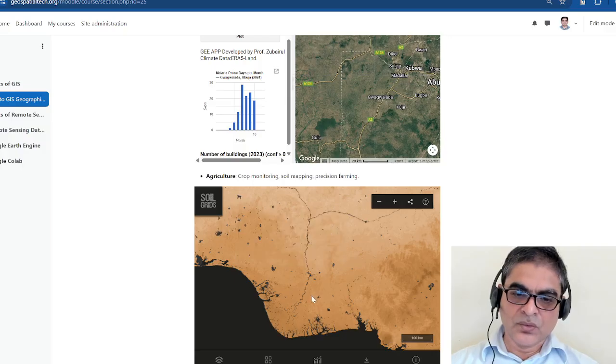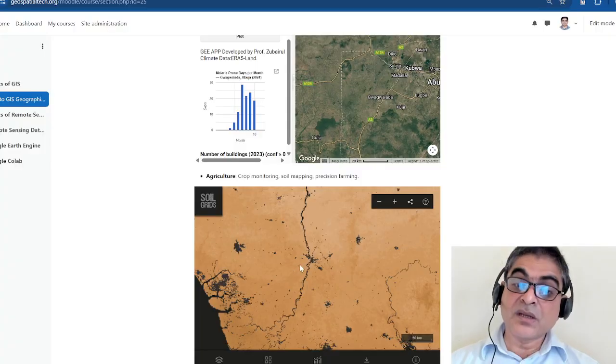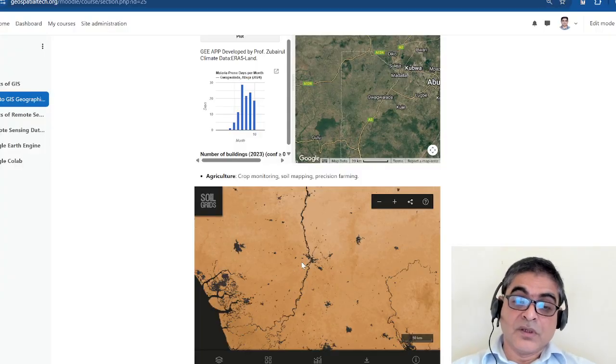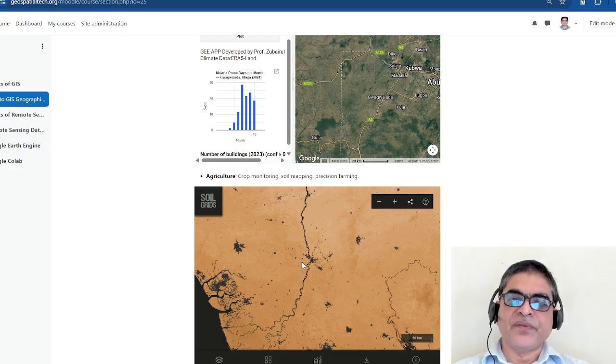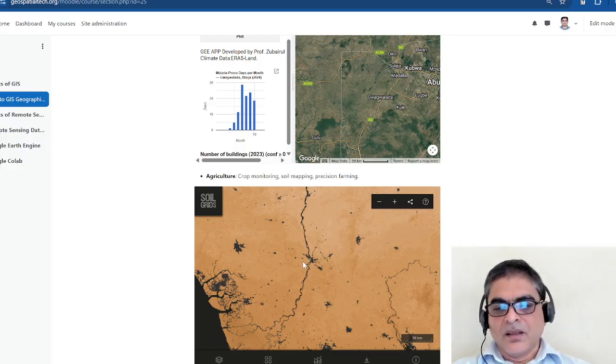If we need it, we can also download this, and it will serve as an input. So if the soil is suitable, if rainfall is there, and if other infrastructure is available, you can predict that this place is suitable for this crop. For site suitability analysis, GIS and remote sensing techniques are very useful.